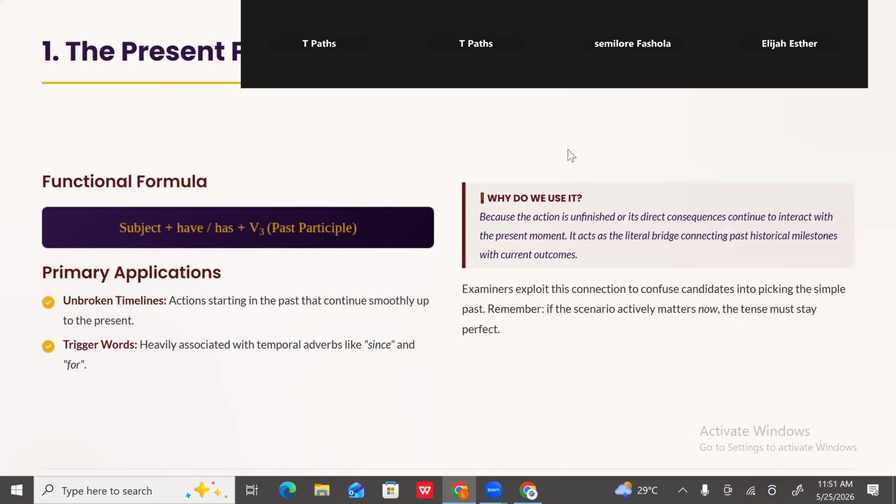I will drop the example structure on the chat box. Okay. She hasn't, okay, let me make it positive. She has.